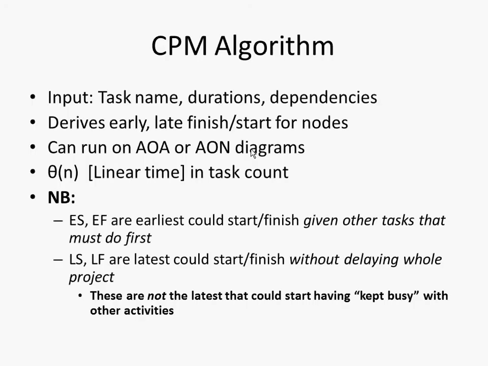What depends on what? And again, we're going to calculate early and late, finish and start. So it's 4 things, the Cartesian product of all of those: early start, early finish, late start, late finish.